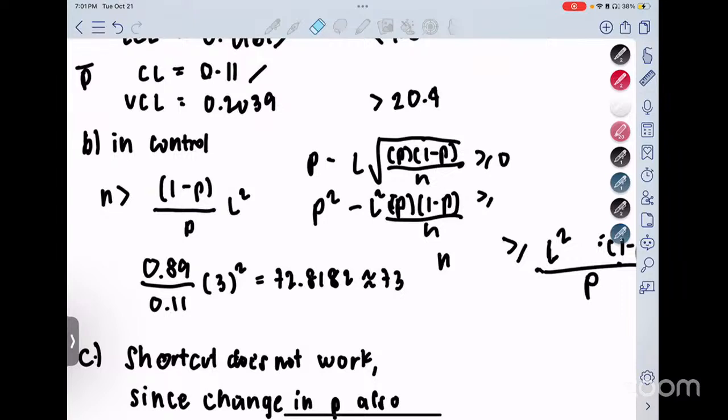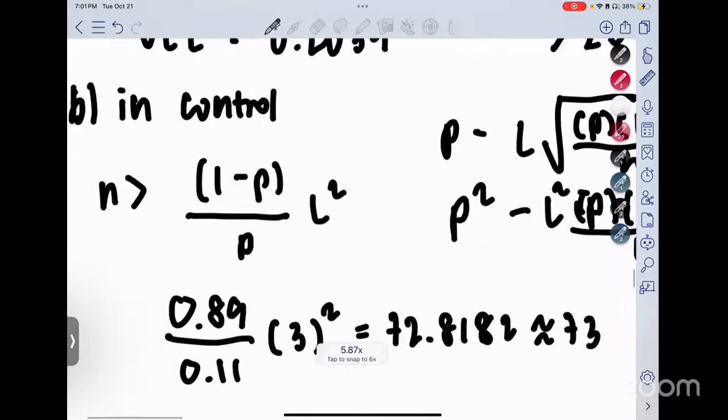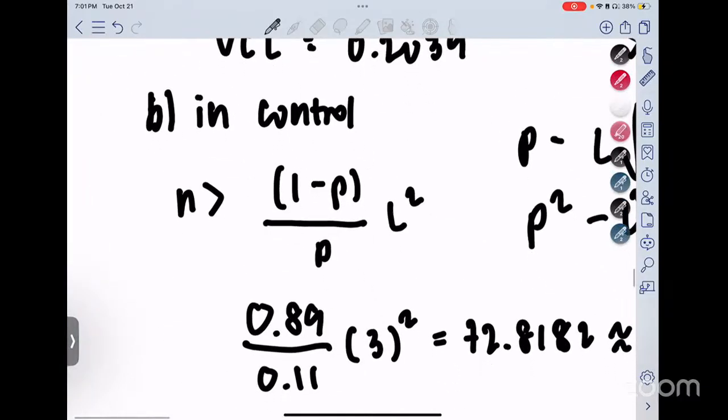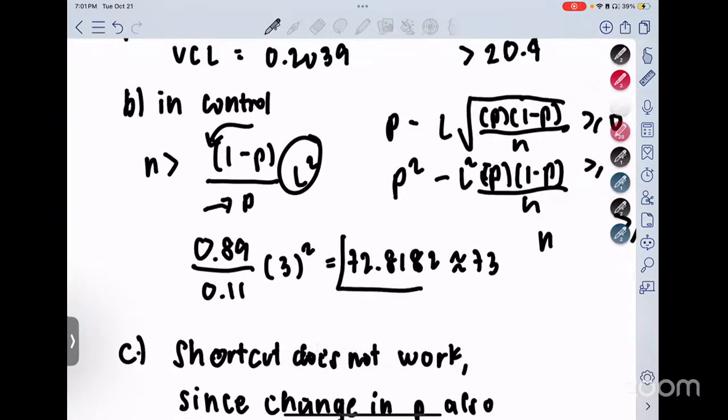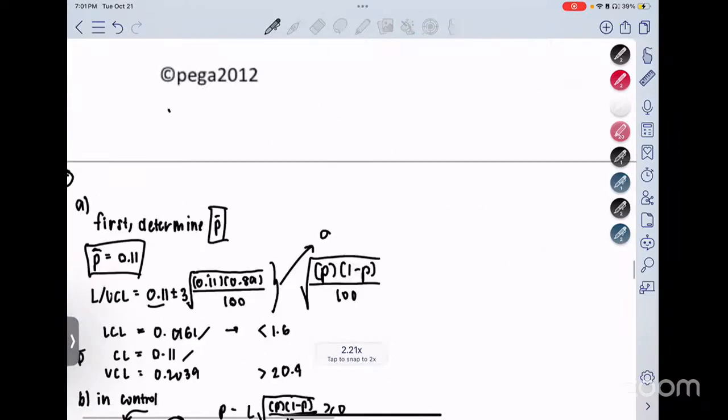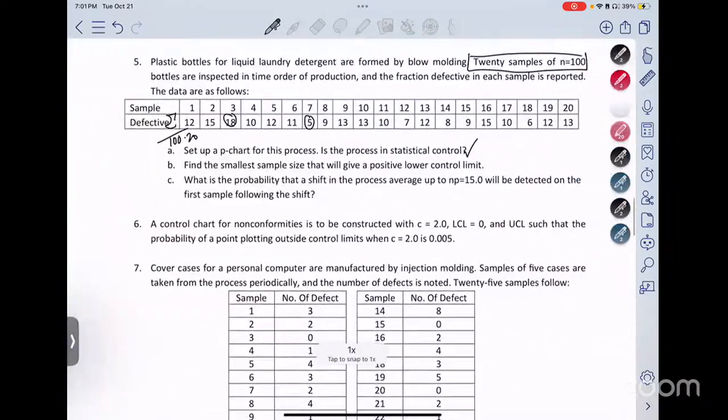In theory, pwede equal, pero generally kasi you get a decimal, right? So anyway, this is just the probability that you have conforming or non-defective, over the probability that you have defective, multiplied by L squared. So then you get this, always round up.